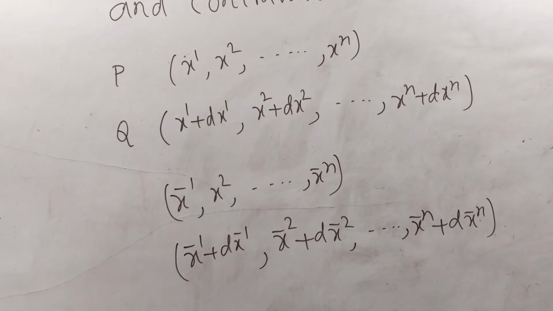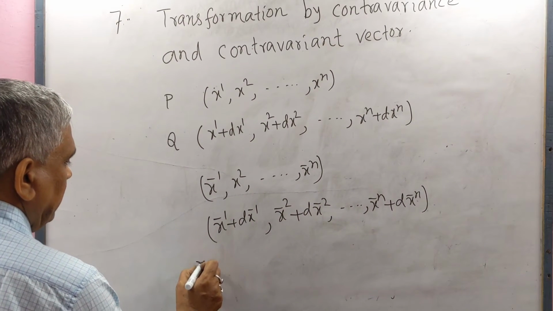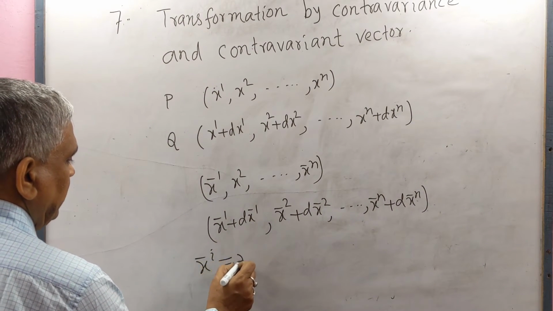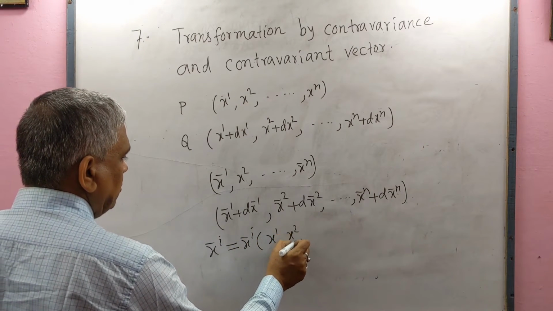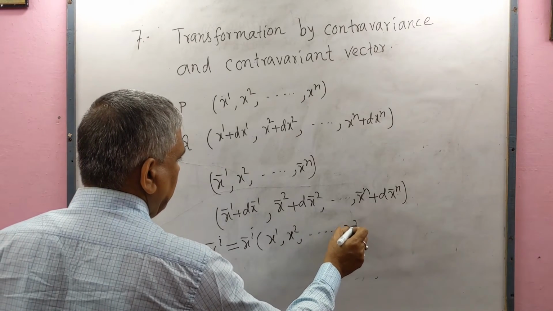The relation between the two systems of coordinates is that x bar i is a function of x1, x2, xn.